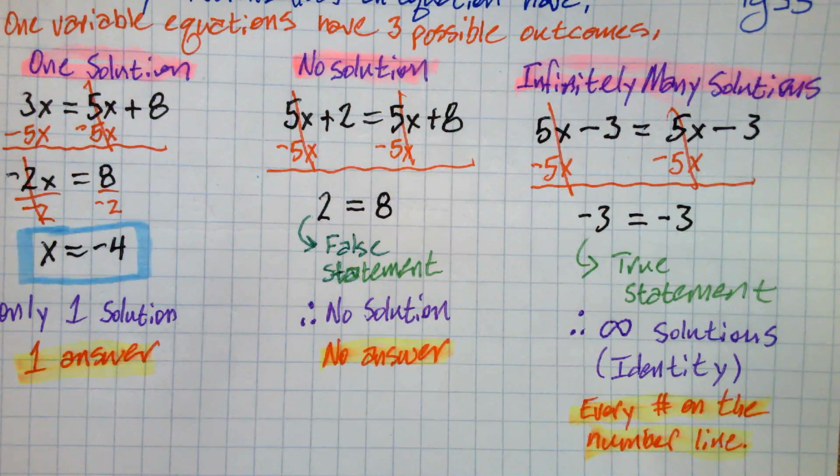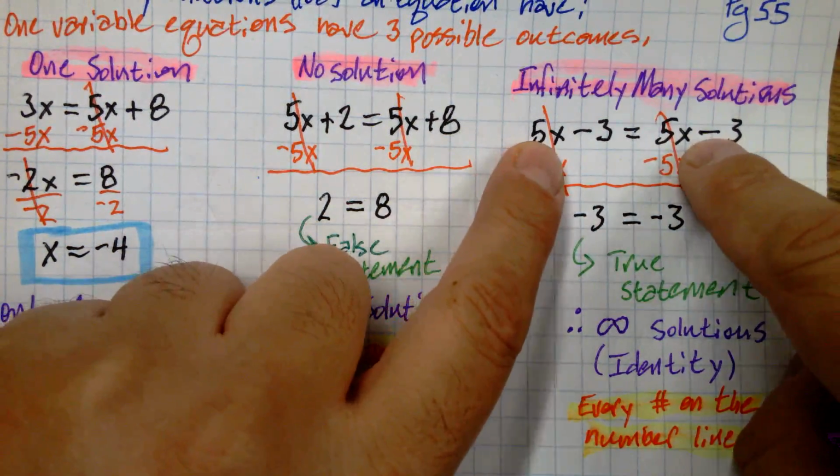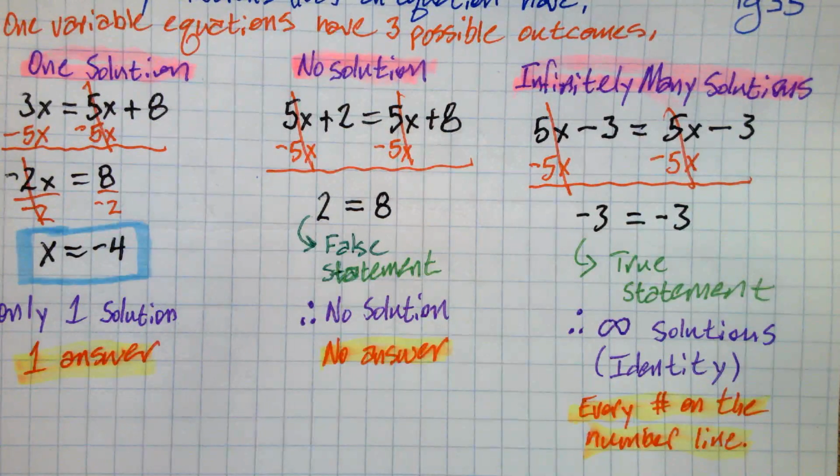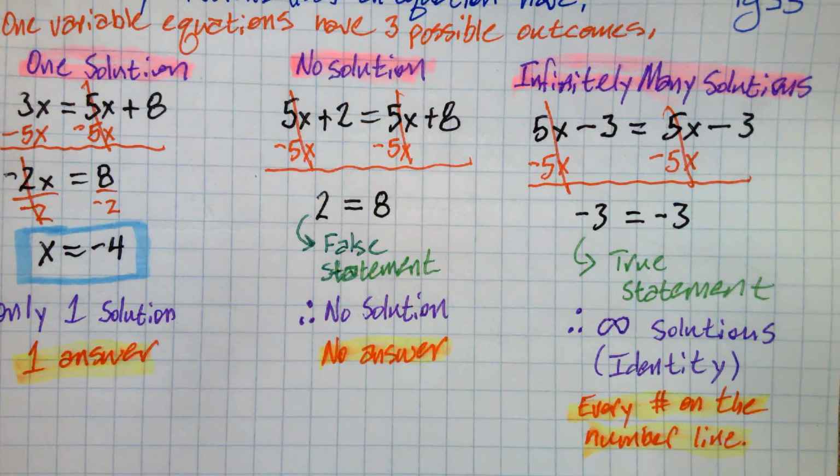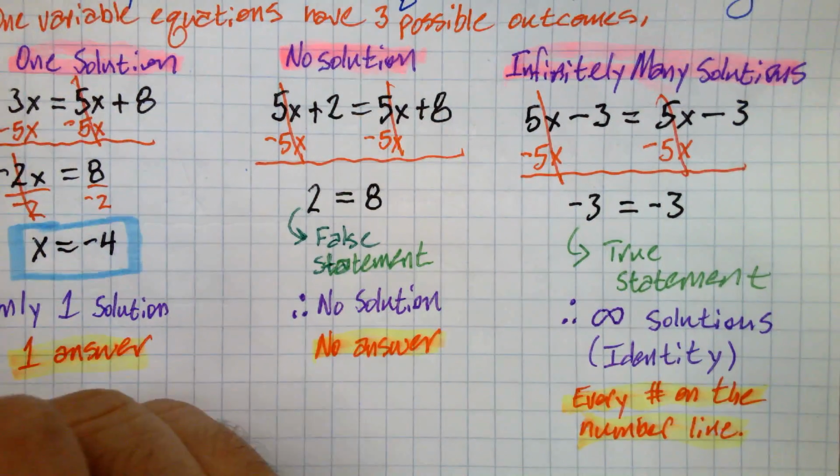Give me a number, plug it in for x, and it could be a positive, a negative, a decimal, repeating decimal. Any number you could think of that exists on the number line, put it in for x, it works. Okay? So that's the key. We've got to know when to recognize these. You've got to know when we have one solution, no solution, or infinitely many.